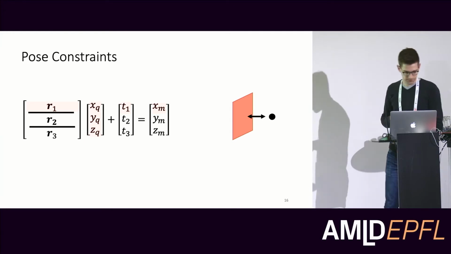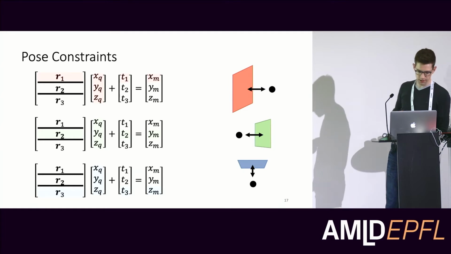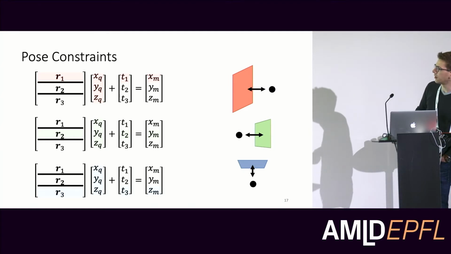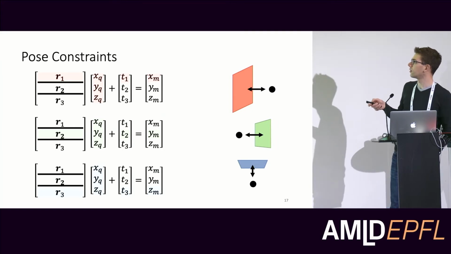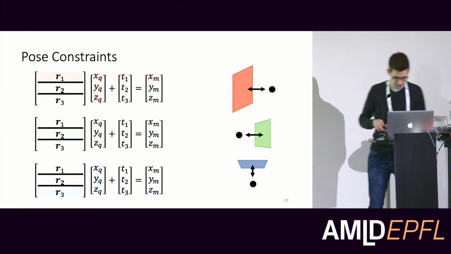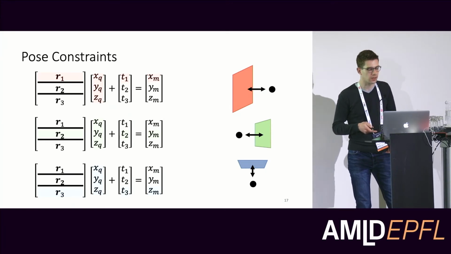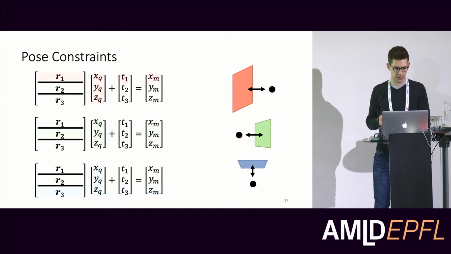And obviously, it's not just for x. We can do this for all of them. Unfortunately, you cannot really see the highlights here. But basically, for one direction, we take the first row of the matrix, first element here, second row, second element, and so on. And there we have the constraint around the three main dimensions.